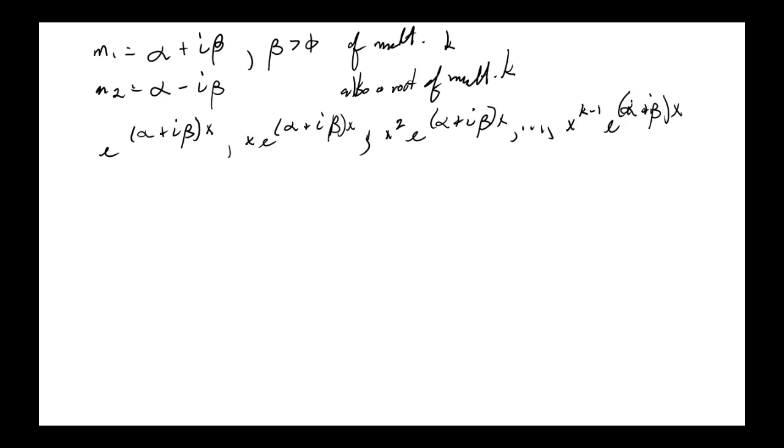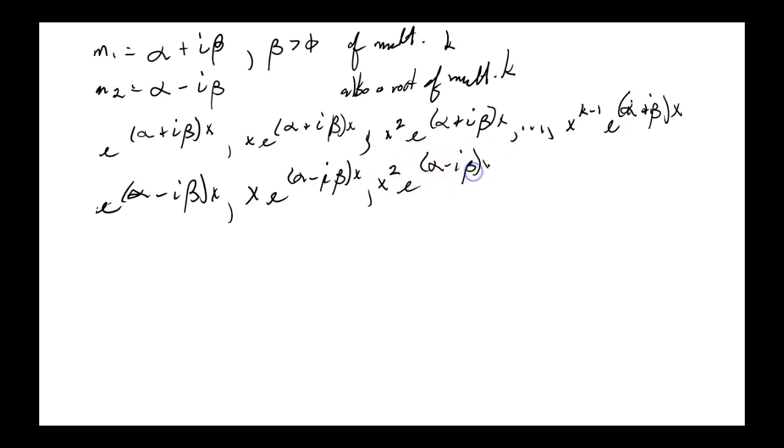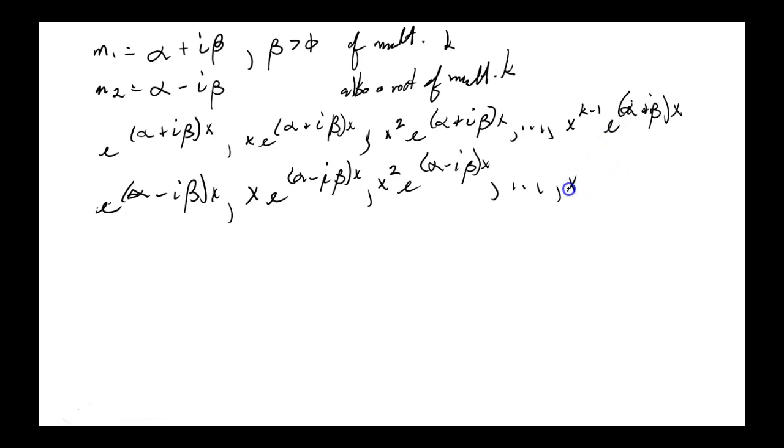But those are k linearly independent solutions, and then you also have the complex conjugates: e to the alpha minus i beta x, the second one x e to the alpha minus i beta x, third one x squared e to the alpha minus i beta x, all the way up to and including x to the k minus 1, e to the alpha minus i beta x.